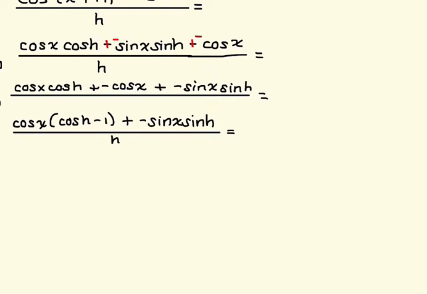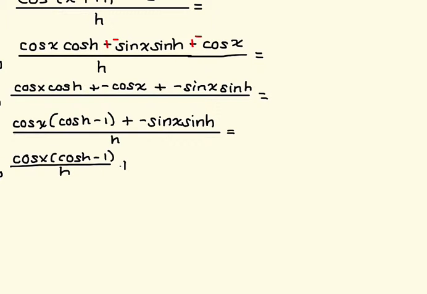Now, the limit of a sum is the sum of the limits. So I'm going to separate this into the sum of two limits. The first one is the limit as h goes to 0 of the cosine of x times the cosine of h minus 1, all over h.